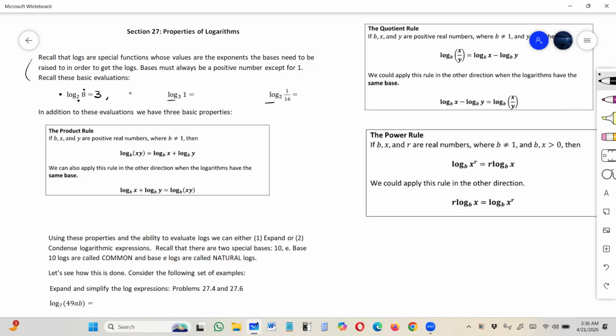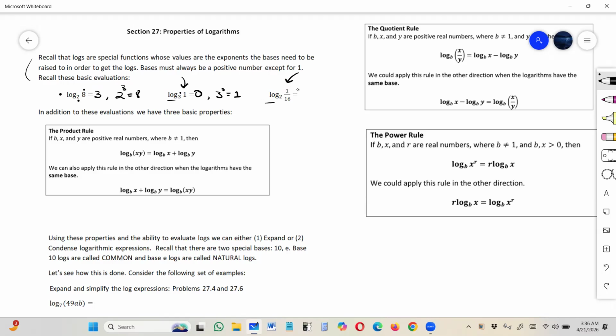So you would write 3, and here's the explanation: 2 to the 3 is 8. Now take a look at the next one. Again, we're looking for an exponent that the base 3 is raised to in order to get 1. In this case, the answer is 0 because 3 to the 0 is 1.